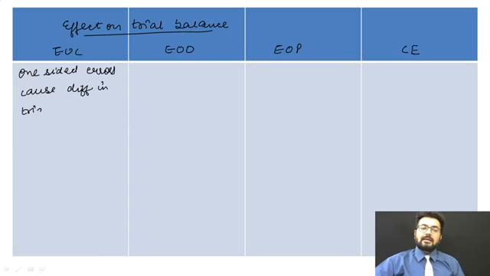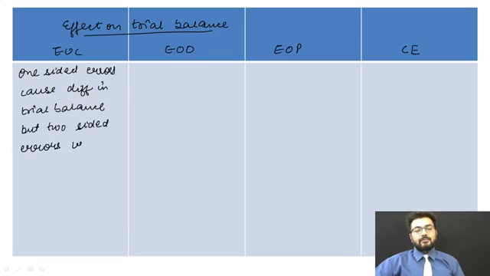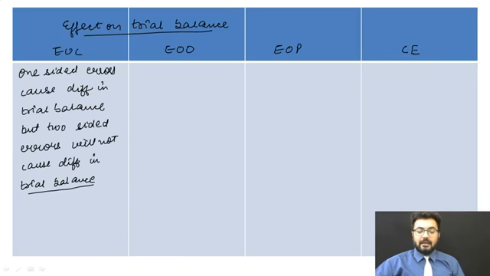Definitely the balance is going to vary. But two-sided errors will not cause any difference in trial balance.